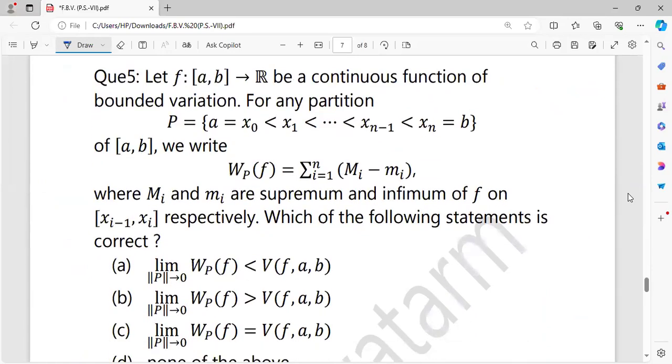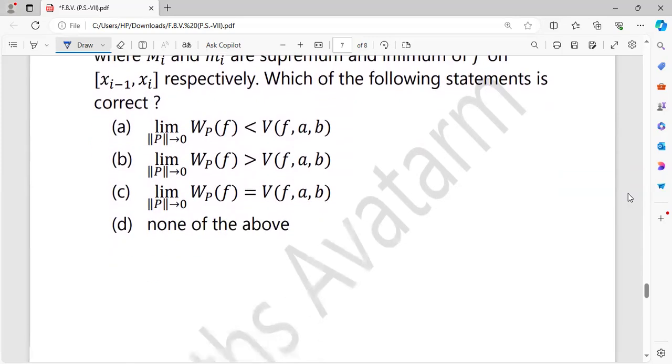Let F be a continuous function of bounded variation. For any partition P, we write W(P,F) is equal to summation i goes to n, capital Mi minus small mi, where capital Mi is supremum of F on this subinterval x(i-1) to xi, and small mi is infimum of F on this subinterval x(i-1) to xi, closed interval. Then which of the following condition is correct?